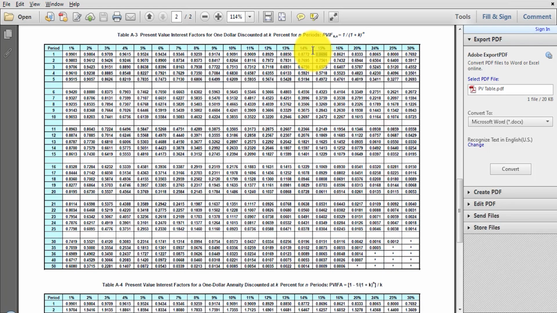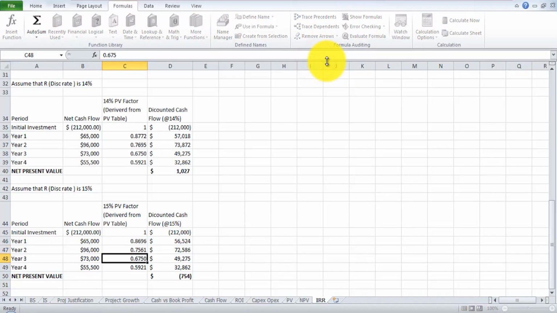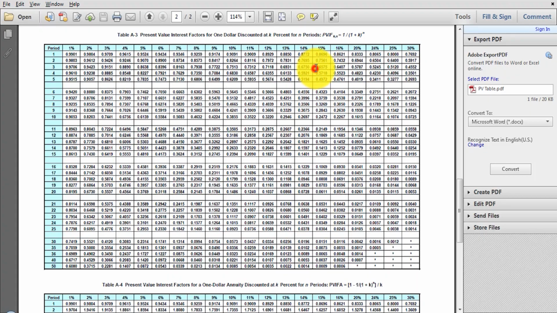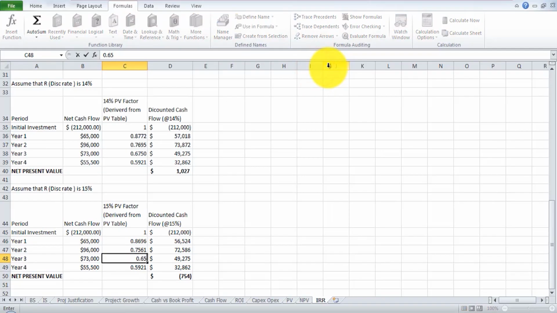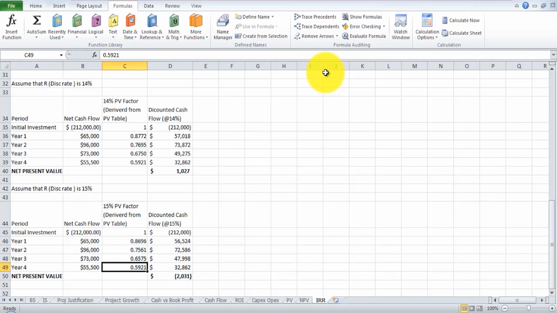For the second year, it goes to 0.7561. The third year, it goes to 0.6575. And lastly, for the fourth year, 0.5718. Oh, this amount goes way beyond zero, right? It's minus $3,158 over here.